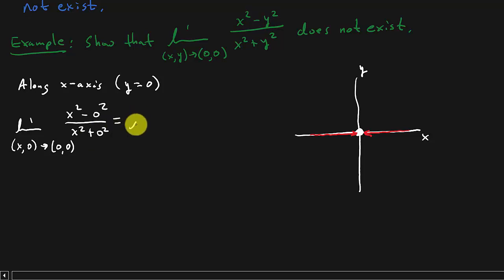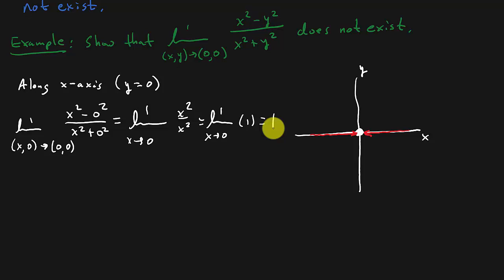And so this is equal to the limit, now we're just in terms of x, so we're going to take the limit as x goes to 0 of x squared over x squared, which is the limit as x goes to 0 of 1, which equals 1. Okay, so that's the limit coming in along the x-axis.